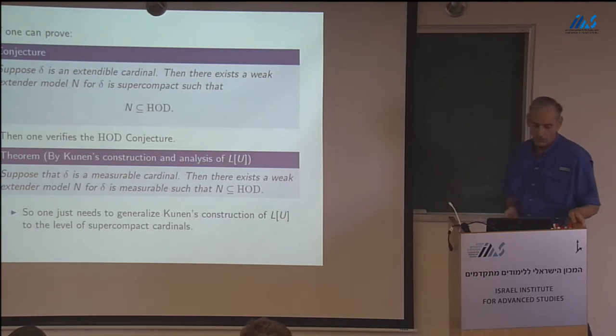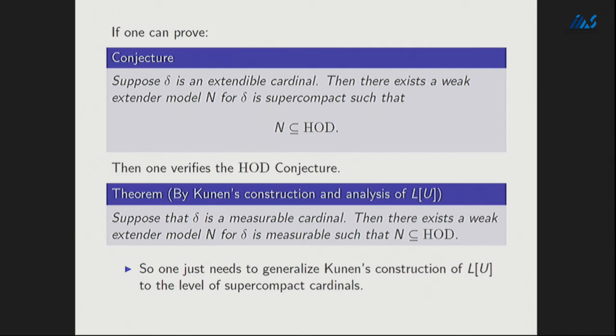All right, so if you take Kunen's analysis and construction of L[U], where U is a normal kappa-complete measure on kappa, then his construction gives this theorem. If delta is a measurable cardinal, then there's a weak extender model N for delta is measurable such that N is contained in HOD. And you define a weak extender model for measurable just like I did for supercompact.